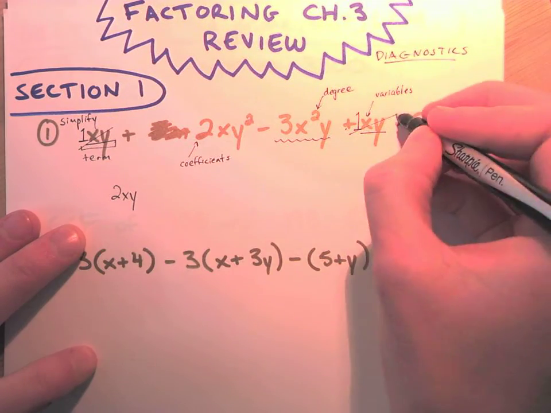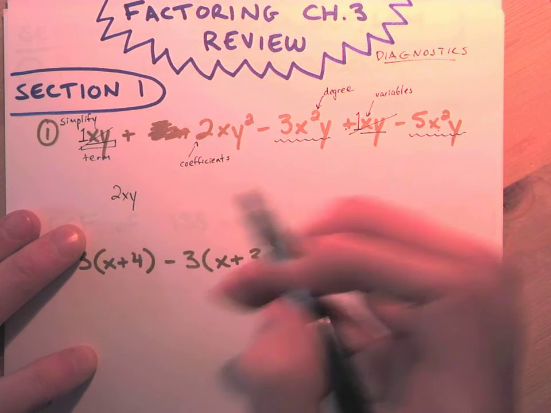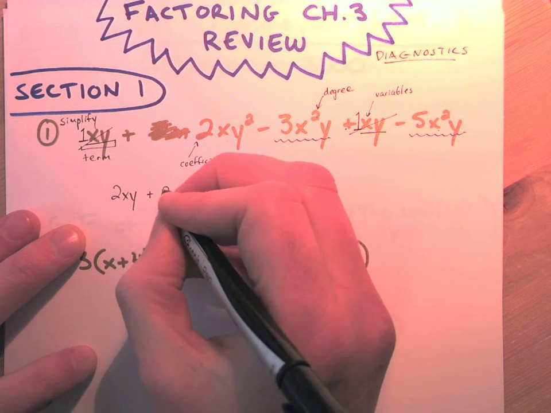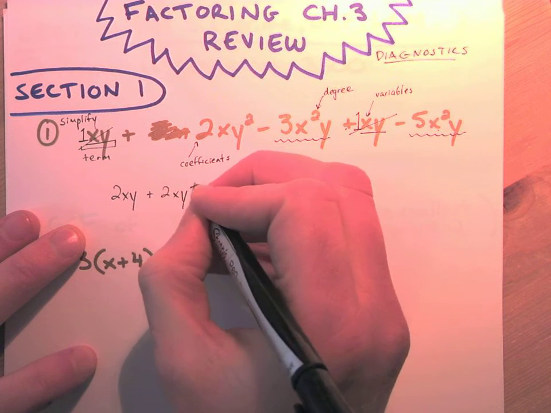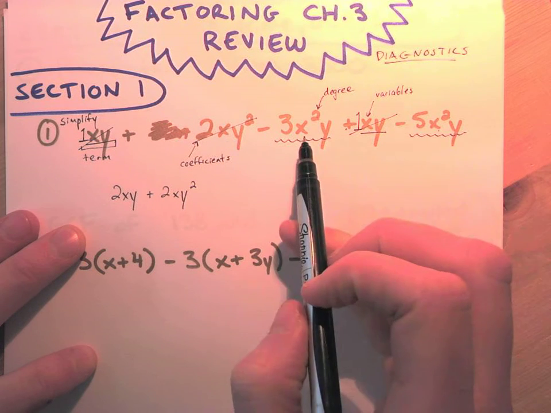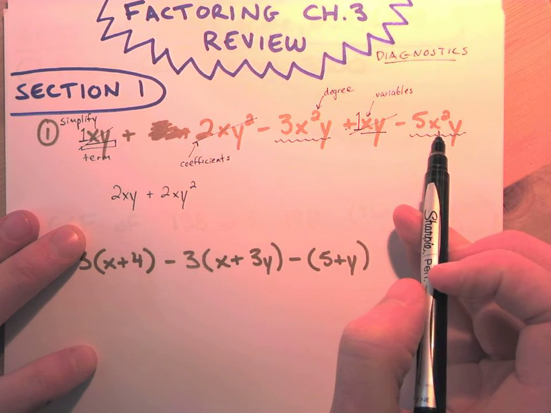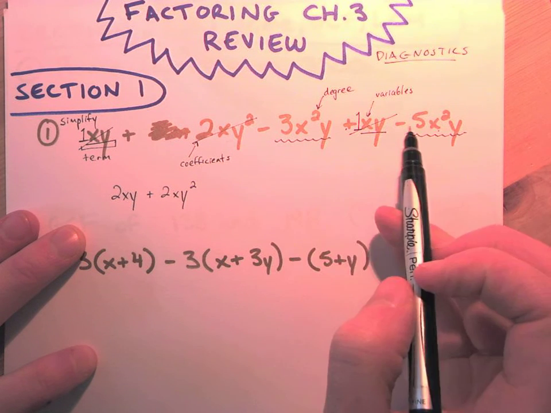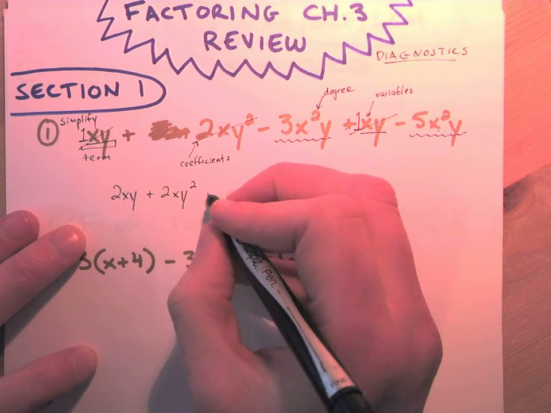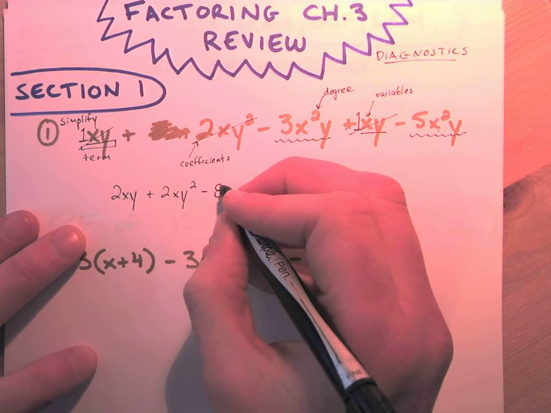Usually you can cross them off when you're done. We'll go to the next one. This one I'll just write because it doesn't add with anything, so I know that's just by itself there, xy squared. That one's done. And now last of all, we have this one where we were saying this and this are going to join. Okay, so what's negative 3 plus negative 5? Negative 3 plus negative 5, you're going more negative, negative 8.